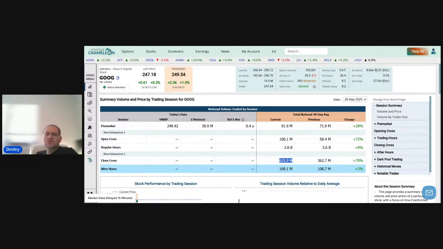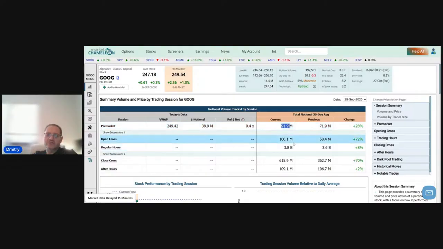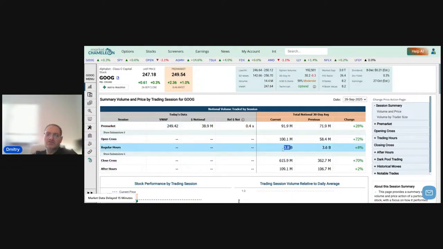So the idea here is, now that we have these figures for, let's say, the last 30 days, so these are the average daily dollar volume for the last 30 days. And what we may want to see as well is whether that is increasing or decreasing.